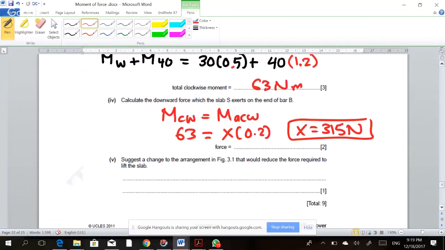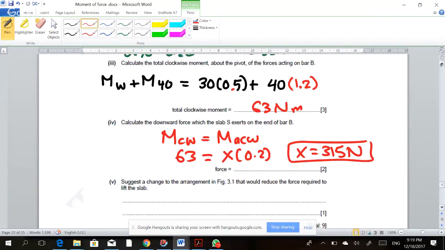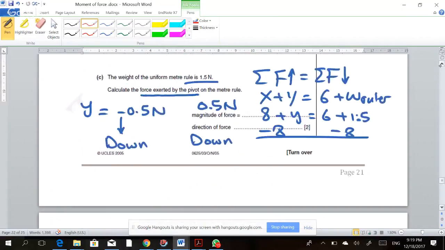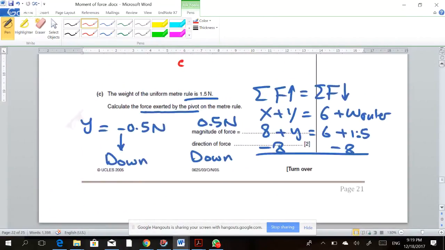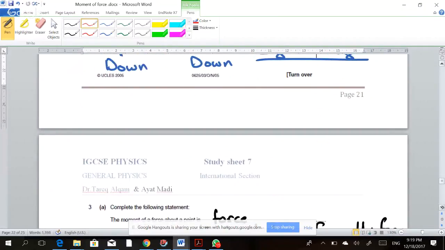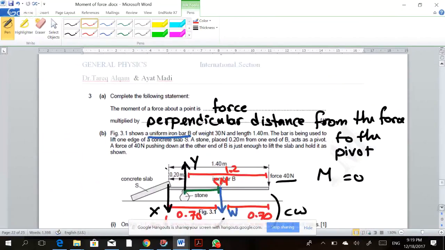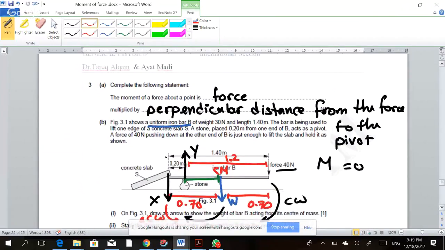Suggest a change to the arrangement in figure 3.1 that would reduce the force required to lift the slab. Exactly like the examples of levers, we observe that if we increase the distance from the force to the pivot, the needed force to perform this moment is reduced.